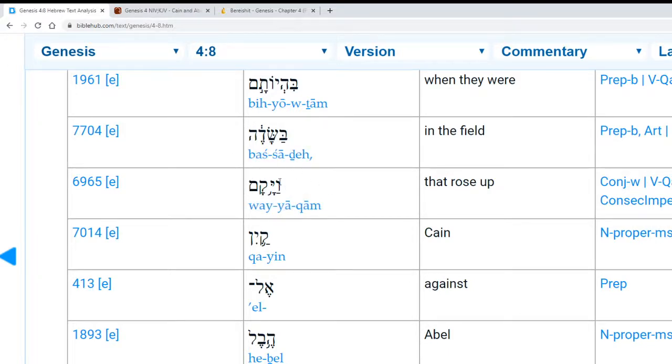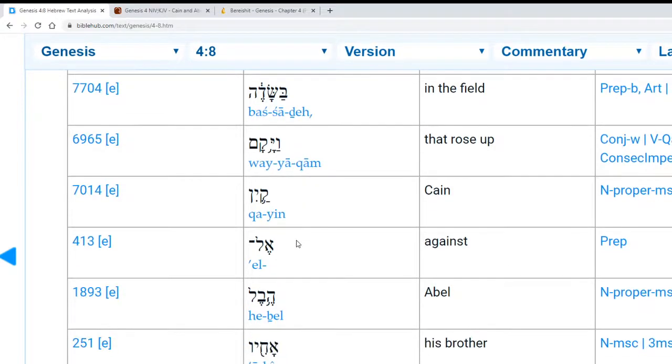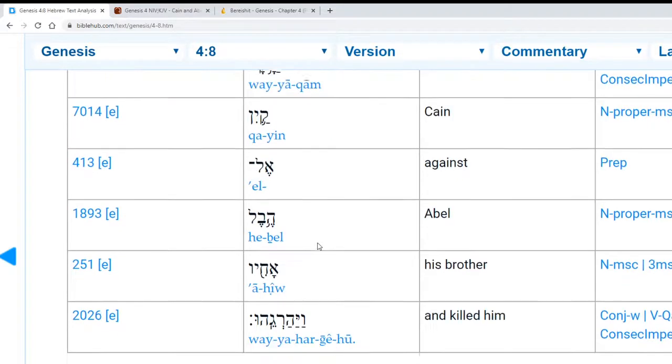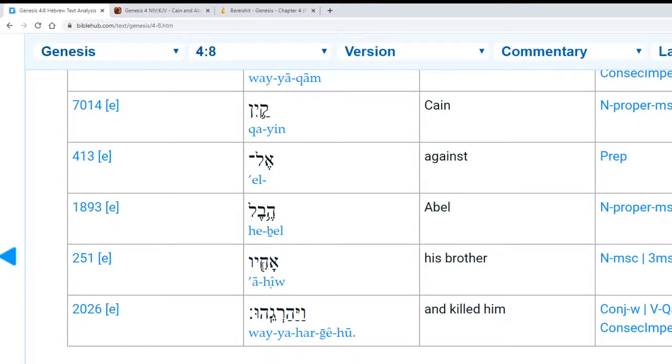So yinkom, right? Nekama means vengeance. But here, I agree with them. Vayakom, and rose up. Qayin, El Havel, again prepositional El with the Aleph, Havel, his proper name, Achiv, Ach meaning brother, Achiv, his brother.